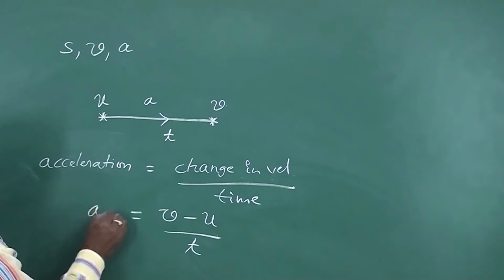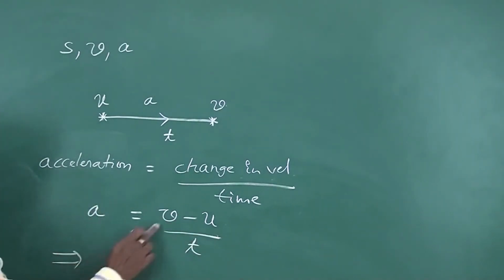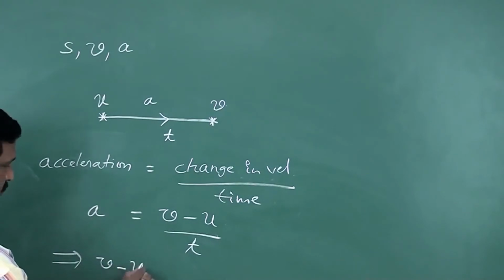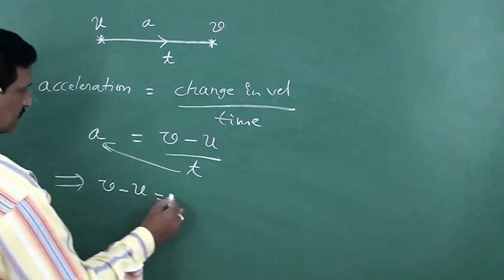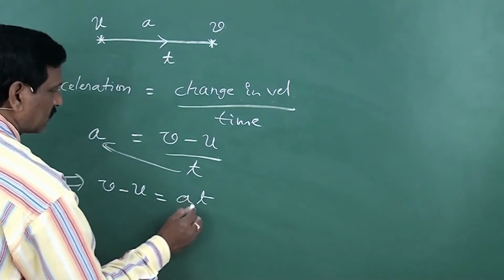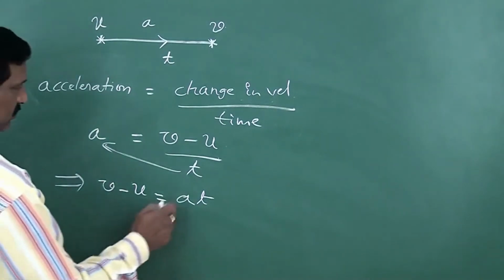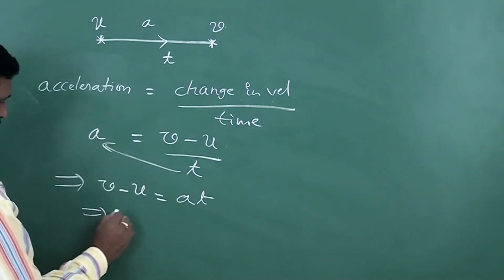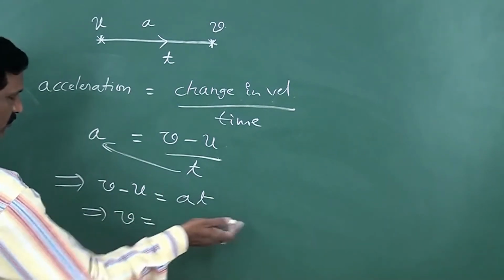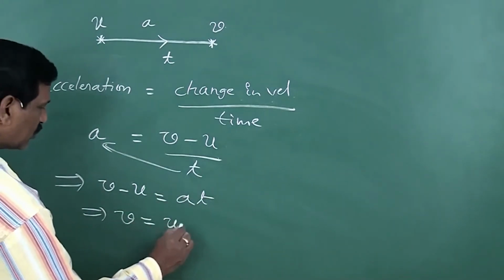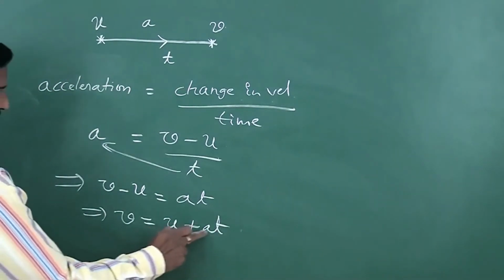So acceleration a is equal to (v minus u) by t, which implies v minus u is equal to at. So v is equal to u plus at.